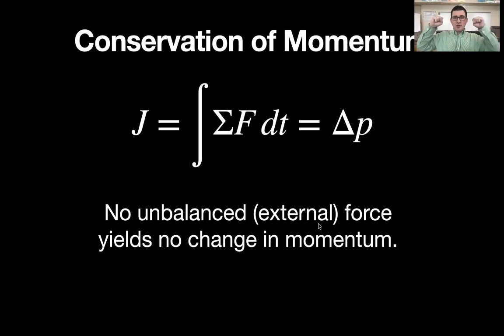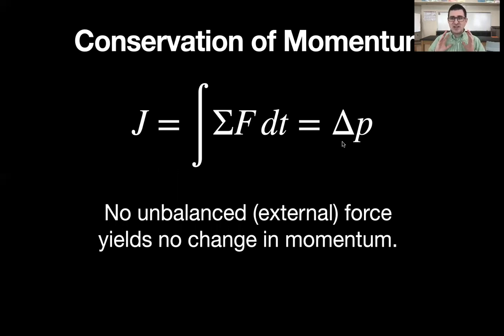But if we say our system includes both of the hockey pucks, then when they hit each other and then go flying off, none of those forces are external because they are both part of our system. So then we can figure out the speeds at which the hockey pucks fly off using conservation of momentum, because there were no external forces, so there was no change in momentum.